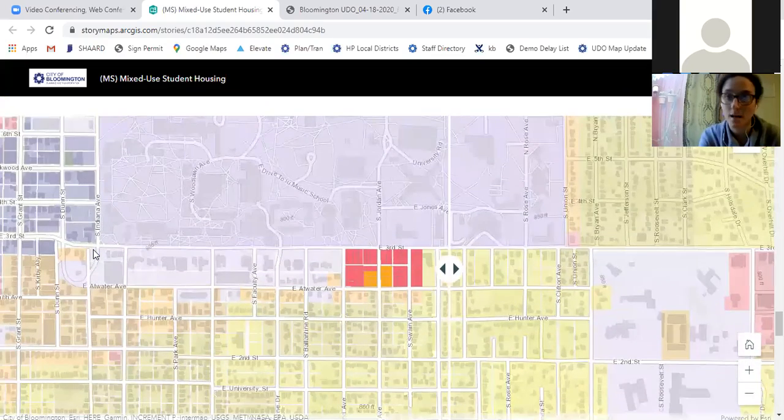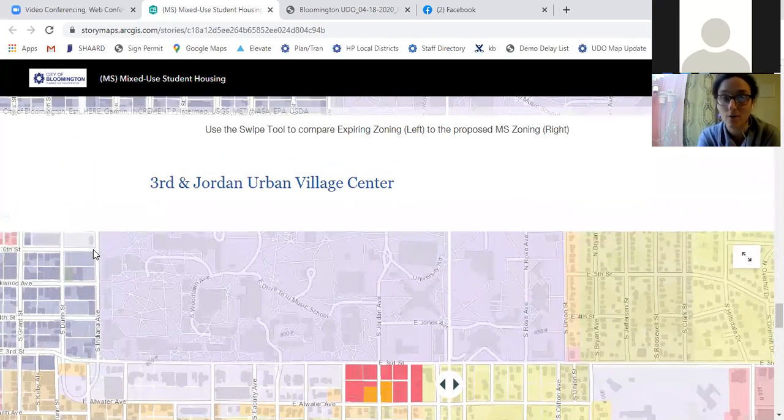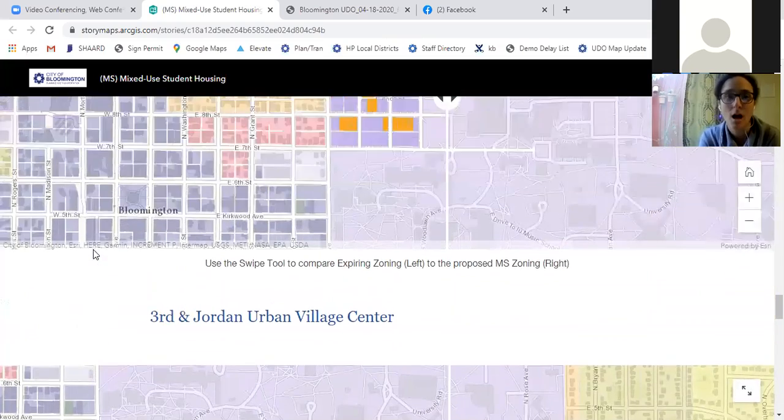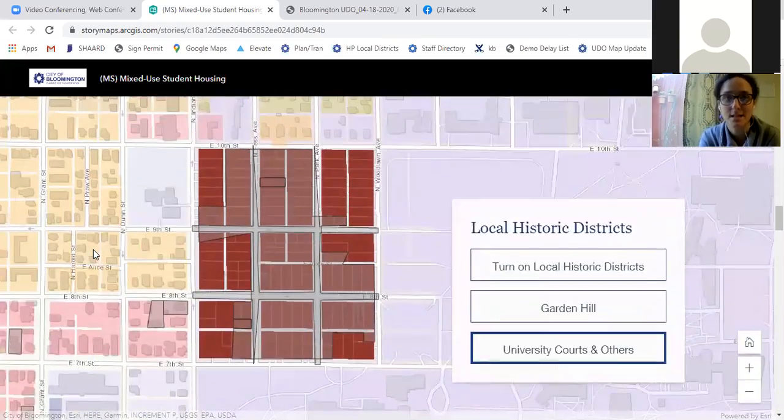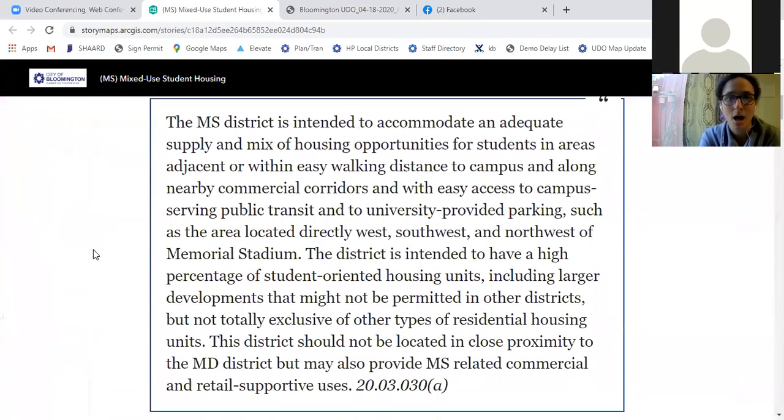that's kind of the basics of where they're located, why we chose them, and what we're hoping to get out of them. Mixed use student housing is a district that was created by council. The idea, as stated in the purpose statement at the beginning, is that we would like to have areas where we're providing a mix of housing opportunities for students.